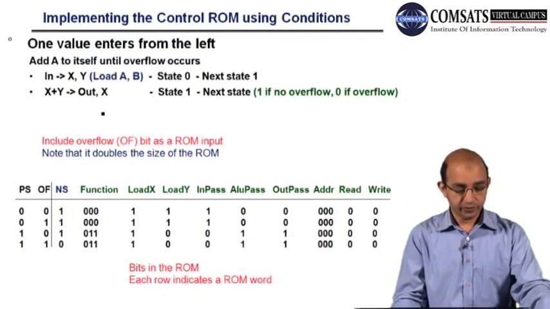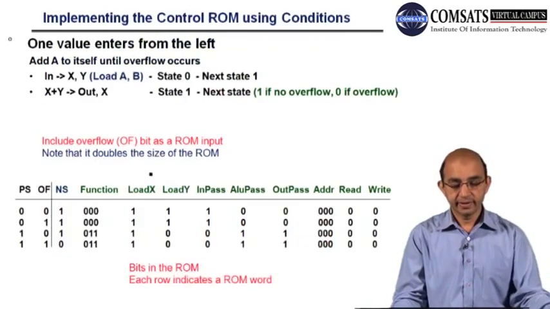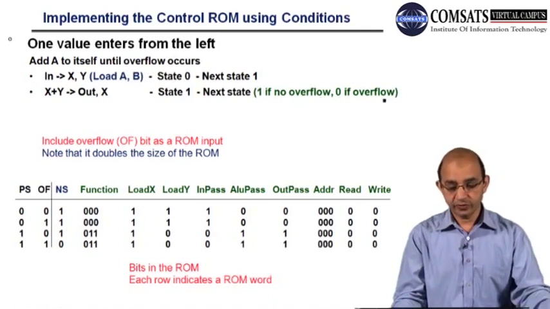So xy load AB, state 0, next state 1, x plus y out, state 1, next state 1 if no overflow and 0 if overflow. So this is a sort of active low.